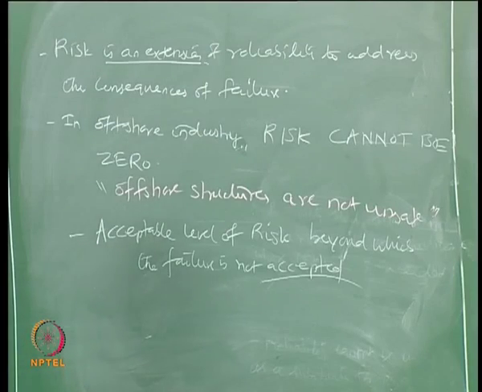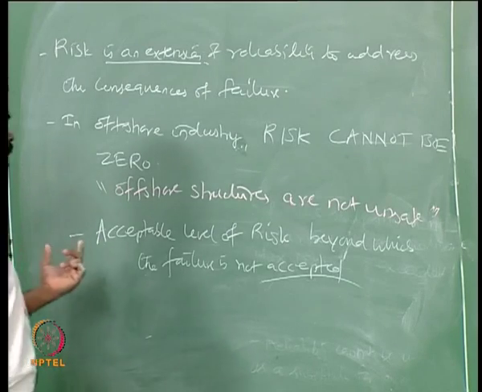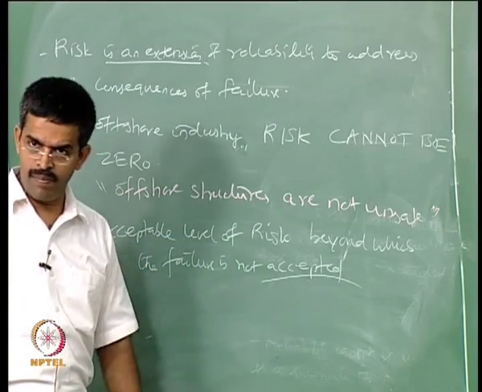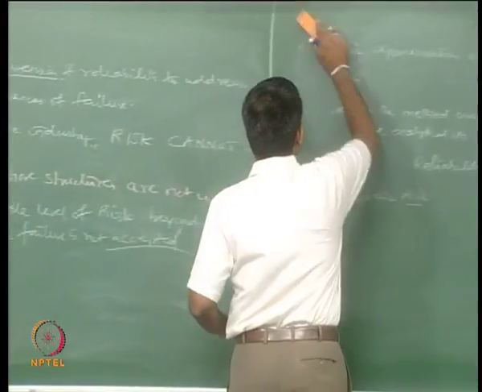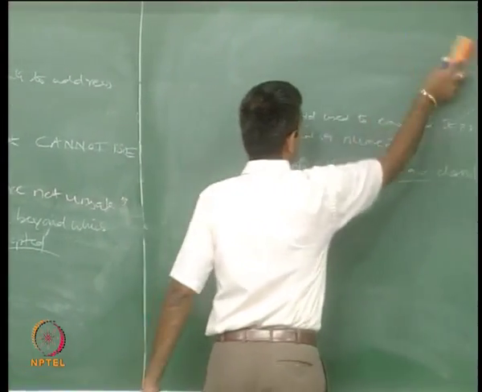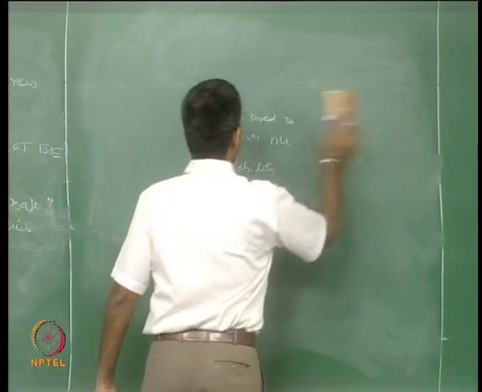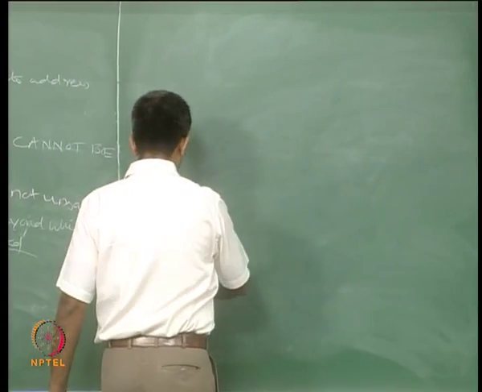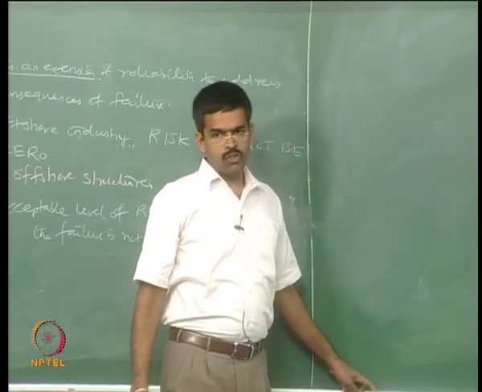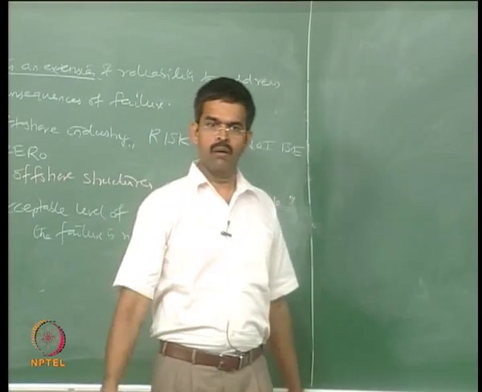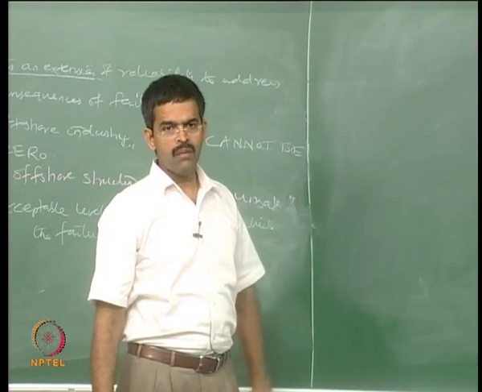Now, the moment I say I should declare an acceptable level of risk in a system, who will give me this level of risk? You and I cannot sit and frame this level of acceptance, because if you and I sit and frame it, a third person will say I do not agree to it. Okay? So, it should be done in consultation with the people looking into the past systems.